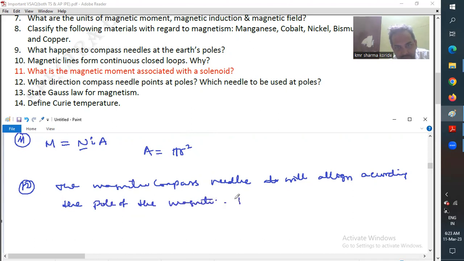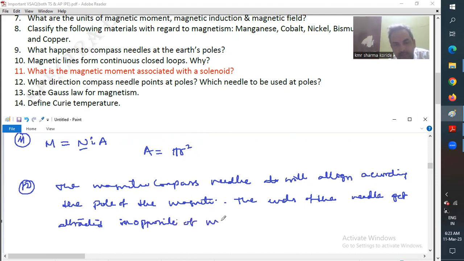The two ends of the needle get attracted in opposite direction of the magnetic poles.